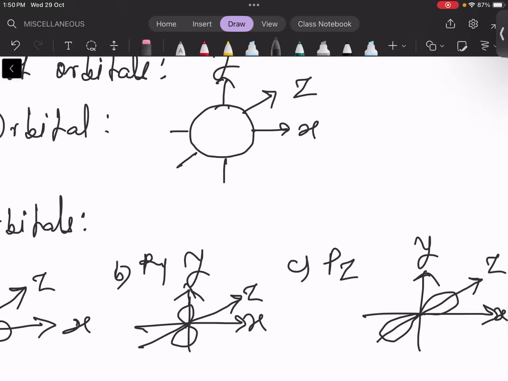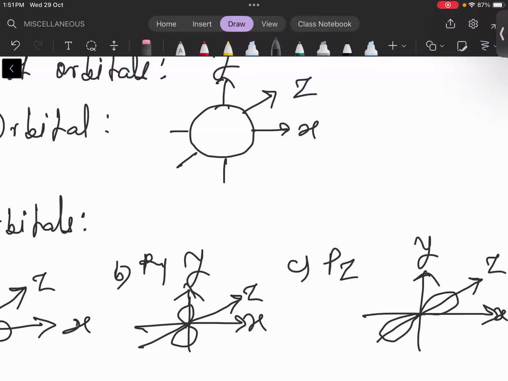Sir, what is the difference between shells and orbitals? Shells are denoted by numbers 1, 2, 3 or letters K, L, M, N. And orbitals are denoted by s, p, d, f. Right. Now, how to define orbit and shell?